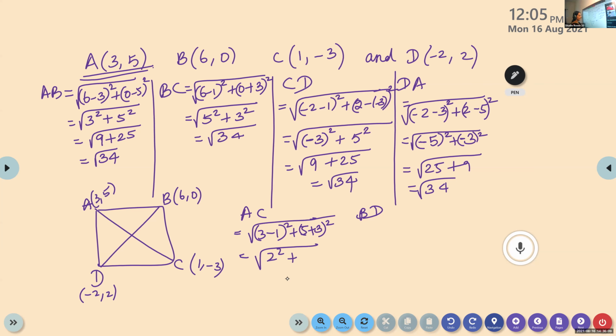Find out BD. The length of the diagonal BD.